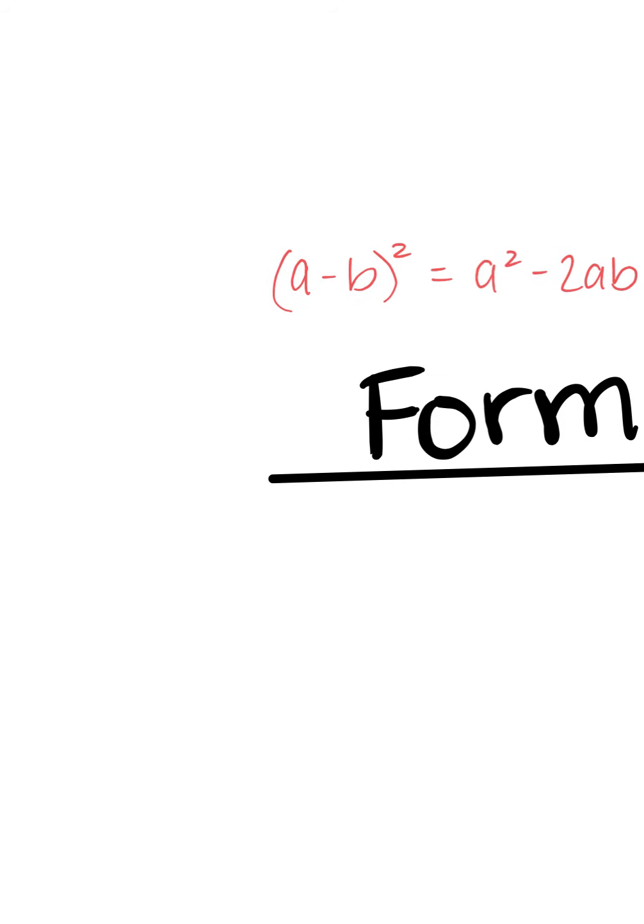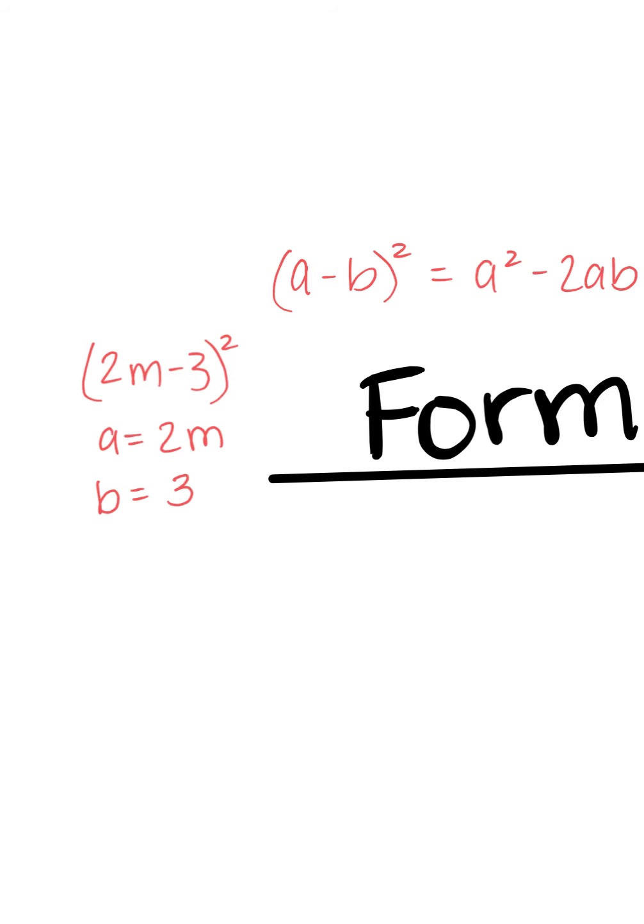And we have (2m − 3) squared. What's my a? 2m. What's my b? 3.